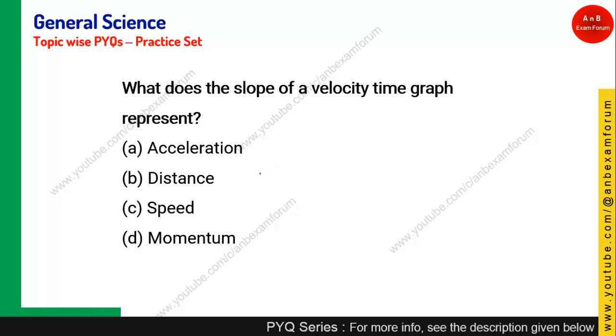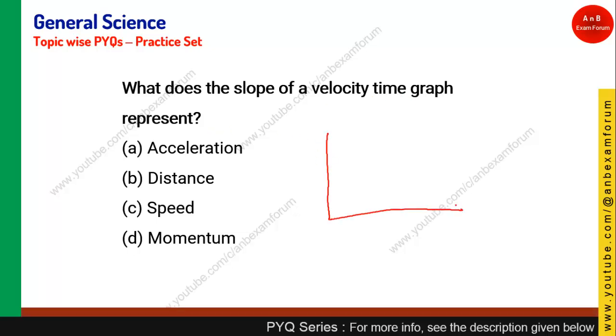Let's see the last question of this session. What does the slope of velocity time graph represent? As you know, in the velocity time graph, the y-axis is velocity and the x-axis is the time axis. If it is a line, you should tell what the slope indicates in this particular VT graph.